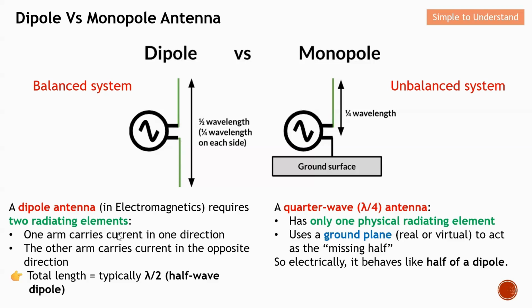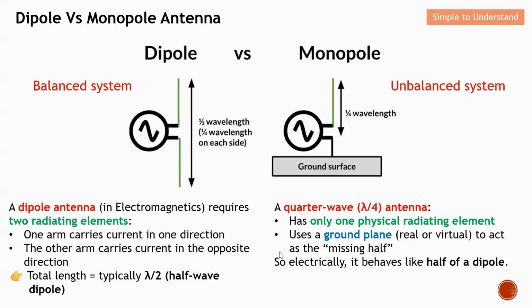After that, you can see that the other arm carries the current in the opposite direction. This is also moving up, so they move towards the supply, but for this part they move away from the supply. So basically this is what it means: one arm carries the current in one direction, while the other arm carries the current in the opposite direction. The total length of dipole antenna typically is about half of wavelength.